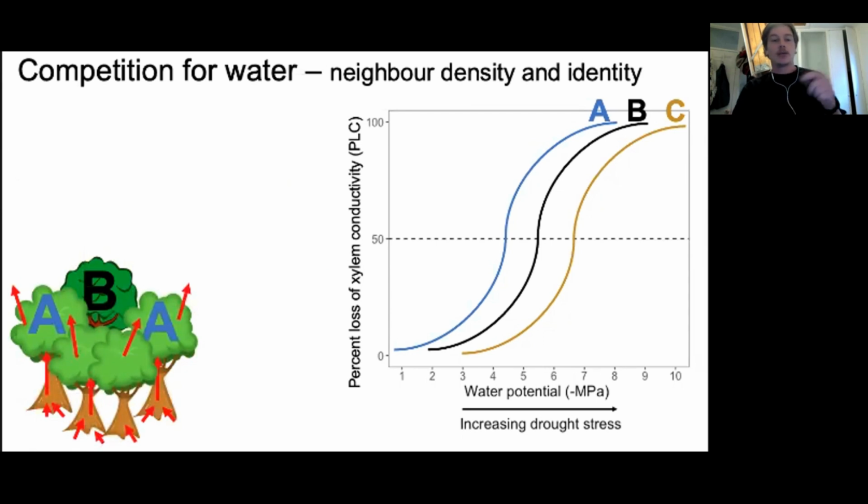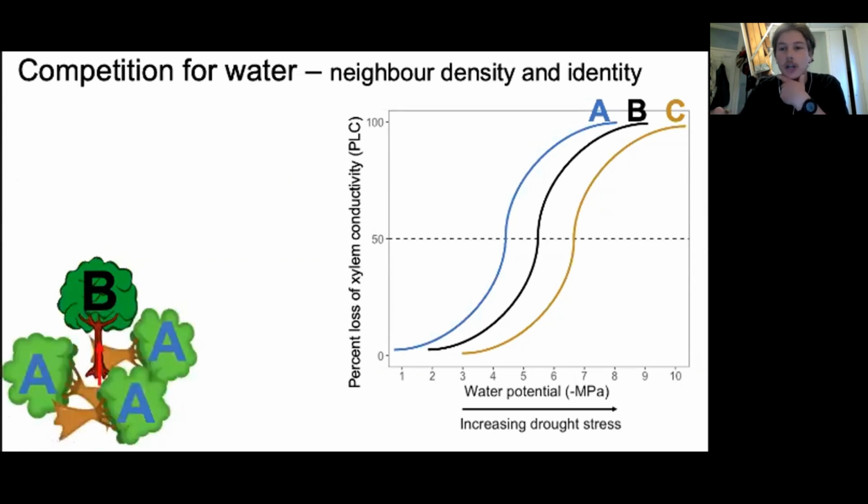If we stick with the same hypothetical example as before, if plant B was surrounded by members of species A, because species A is quite vulnerable to xylem embolism, relatively early on in the drought these neighbours will stop using water, and that means that they will stop having an effect on the soil water availability and will not influence plant B too severely.